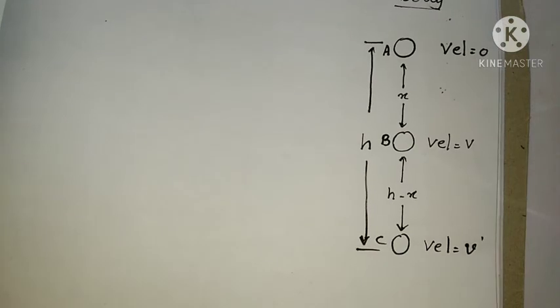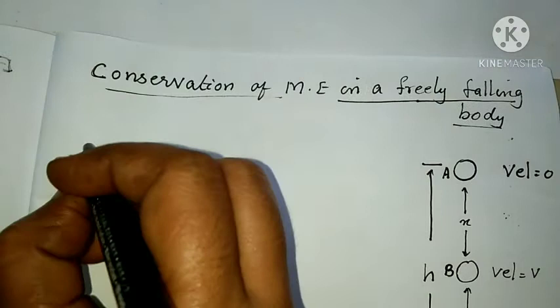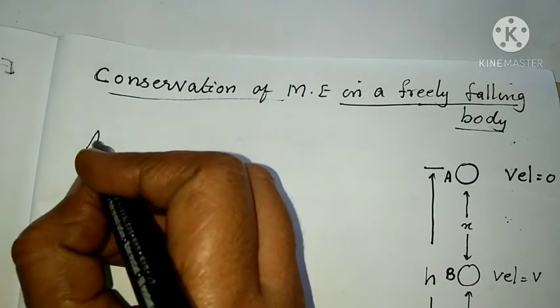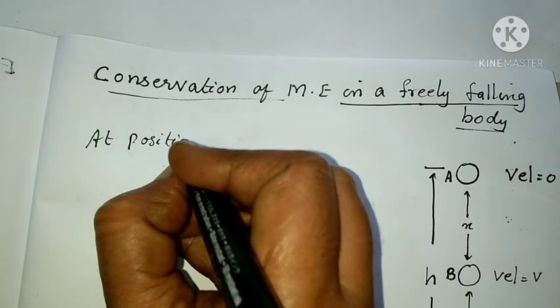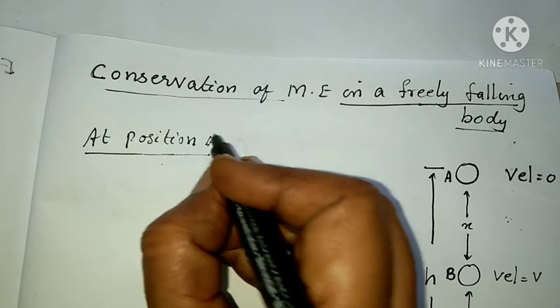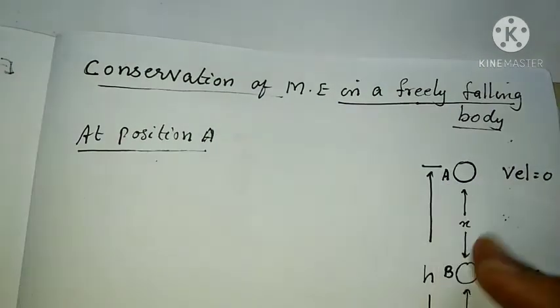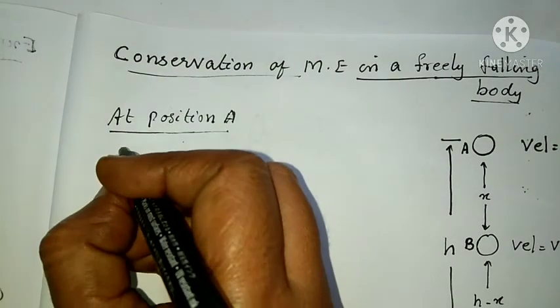Okay, so we can consider position A. At position A, what is the kinetic energy? At position A, velocity is 0. That is, we are assuming that the body is at rest. So what is the kinetic energy of the body?